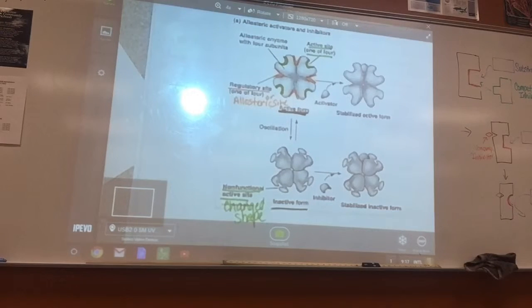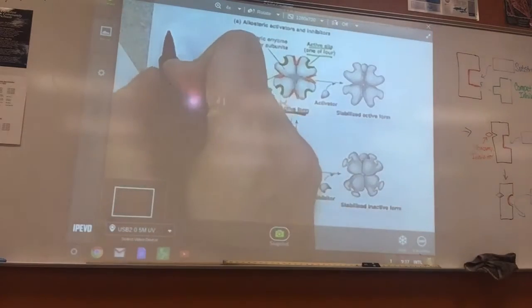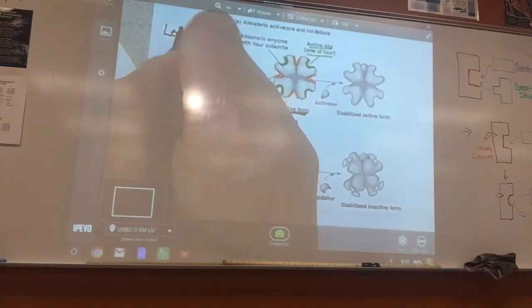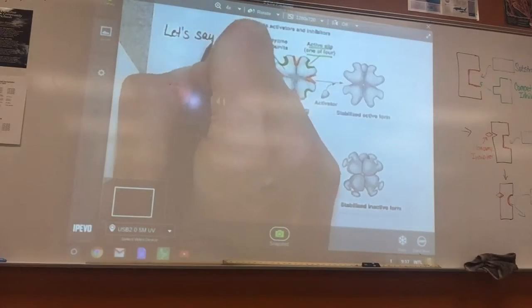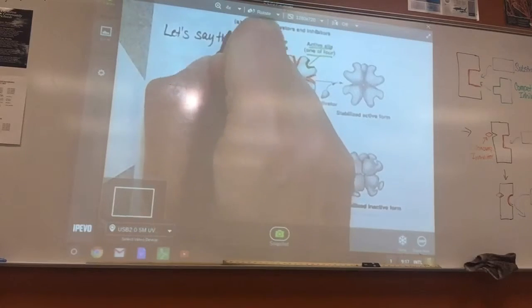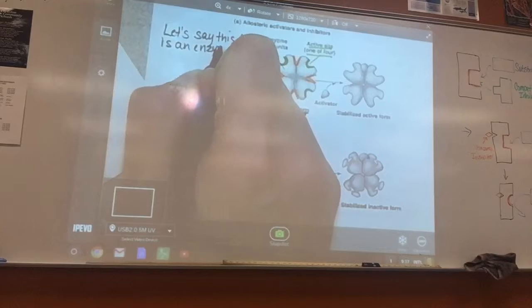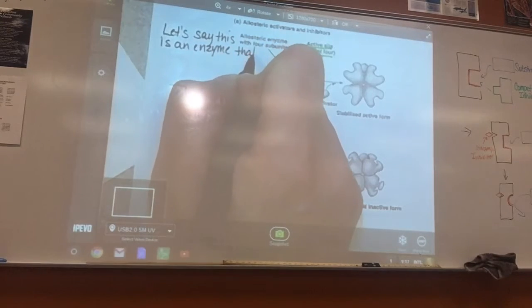So I'm going to write some things along the sides to give you a clear picture of when the cell would use this. So let's say this is an enzyme that helps break down glucose.